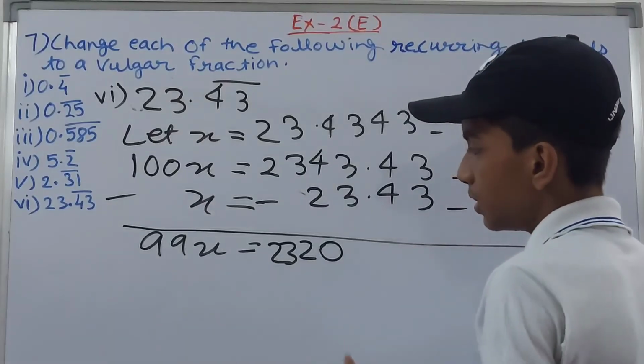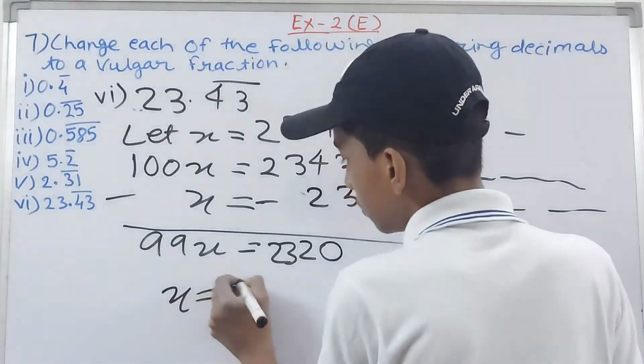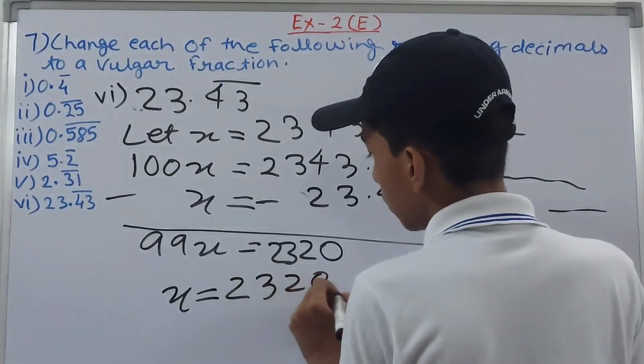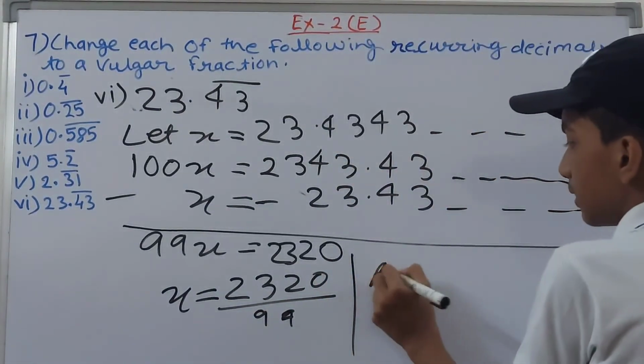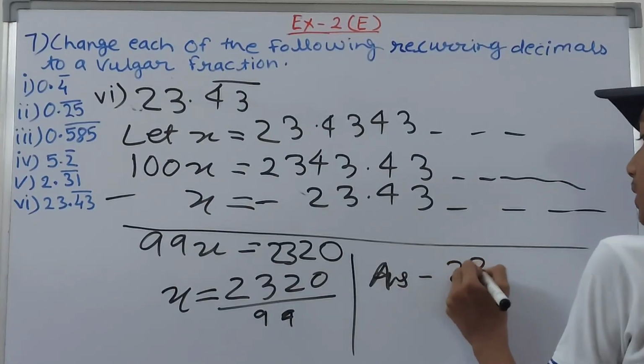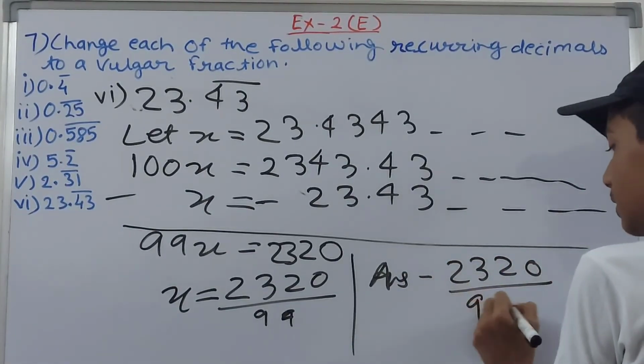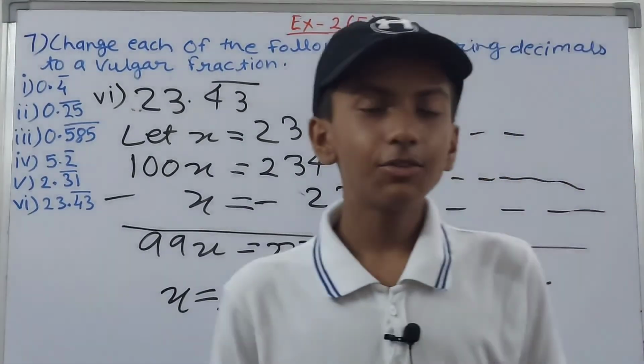So x is equal to 2320 upon 99. So our answer becomes 2320 upon 99.